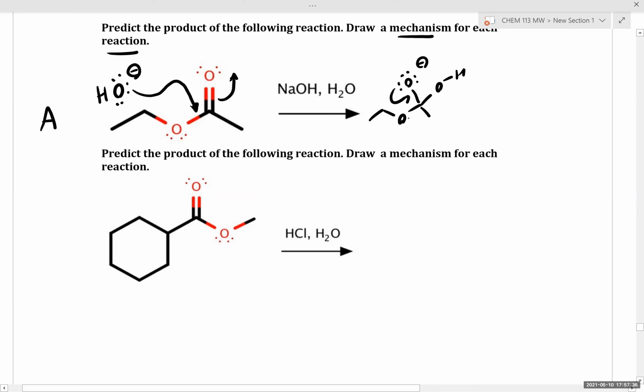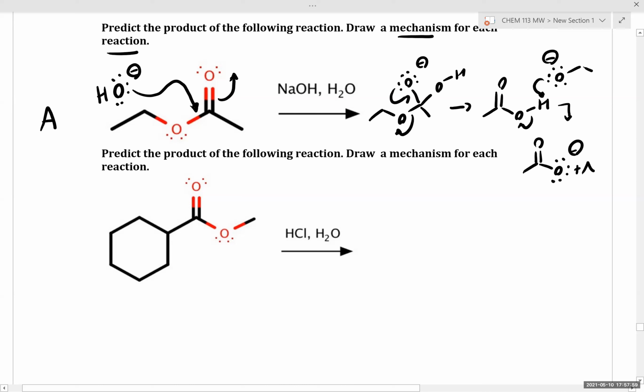From here, the tetrahedral intermediate will collapse and we'll lose our leaving group. Finally, as a last step in this mechanism, our equivalent of alkoxide will pull off a proton, and that will give us our corresponding carboxylate salt product, along with our alcohol.